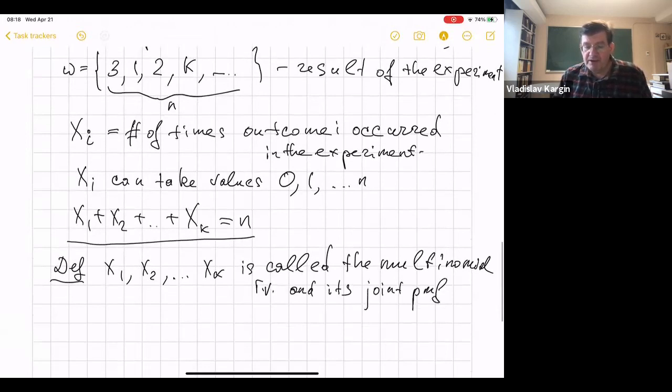In this case, it's a discrete random variable, so we can talk about the joint PMF. A discrete random variable takes only a fixed number of values. So let us write the joint PMF.